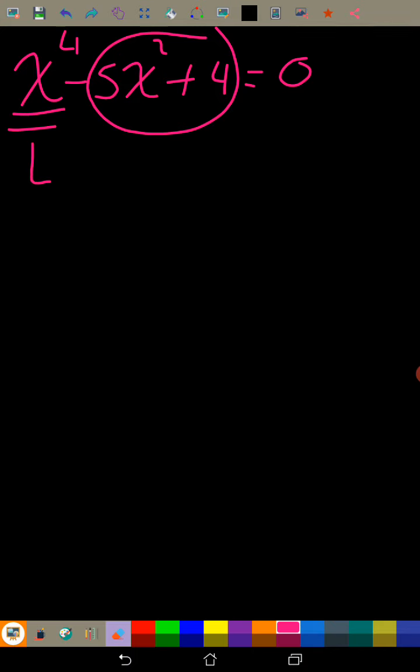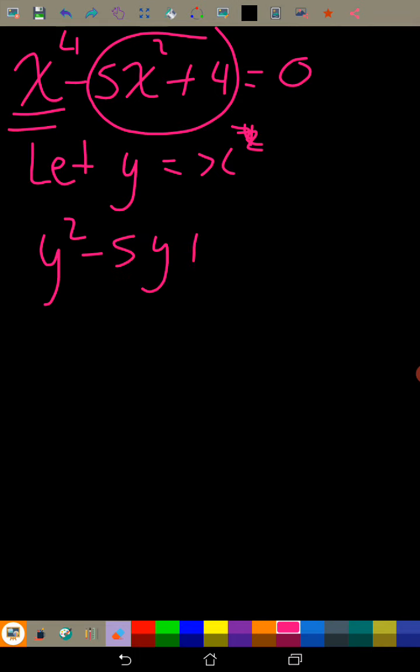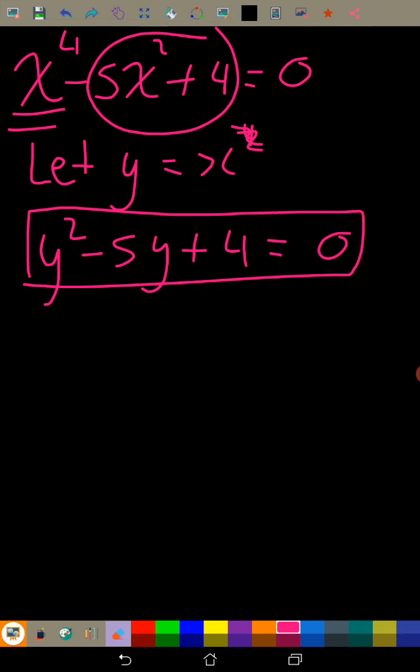Let's say y is equal to x to the power of not 4 but 2, which gives us what we're used to, y squared minus 5y plus 4. So now we have something that we are used to just by making a substitution. This is a method to solve this complex quadratic equation.